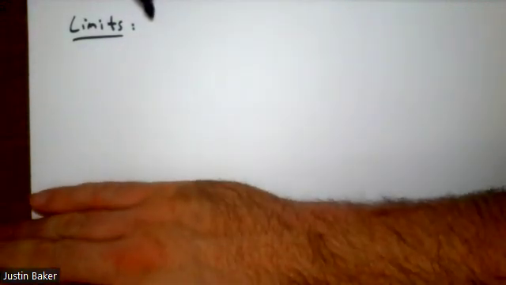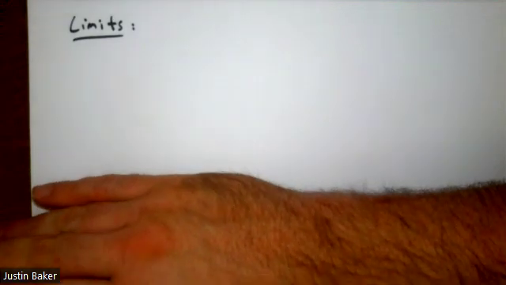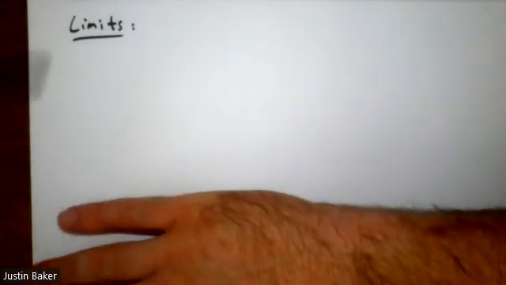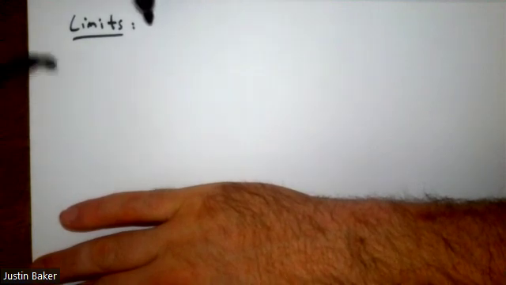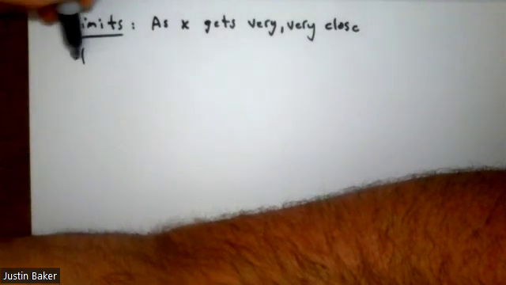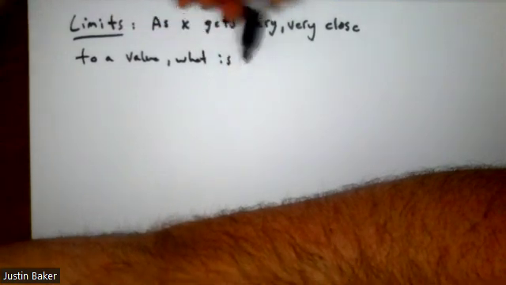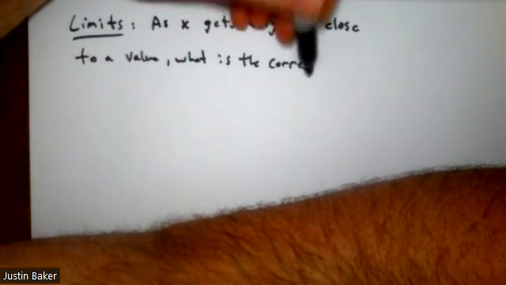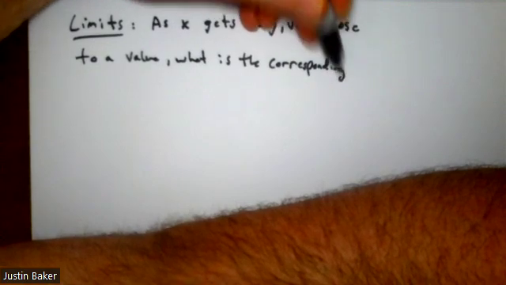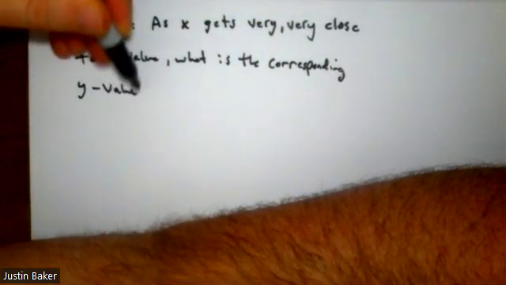I try to keep the definition as simple as I can. Obviously, there are very math-based definitions we can look at in a textbook. But for what we're interested in right now, a limit is, as your x value gets very, very close to a value, what is the corresponding y value?